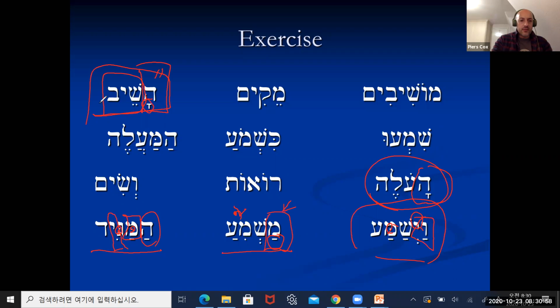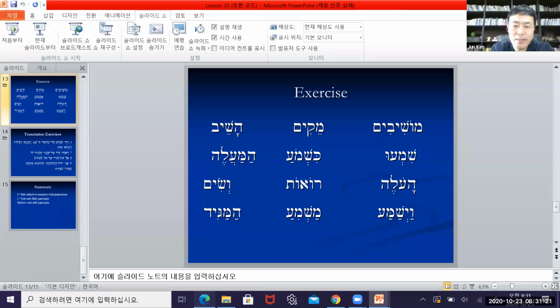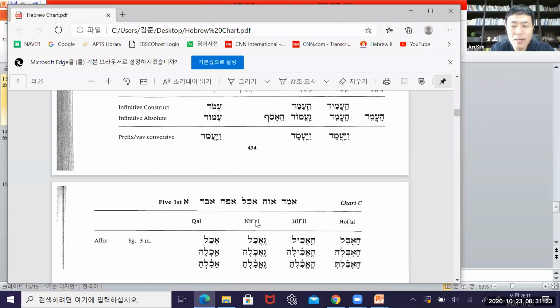Imperative or infinitive construct. Yes, you're right. Imperative or infinitive construct. Right? Okay, let's go to the verb chart again. If you are confused, it's always good for us to go back to the verb chart and review it.